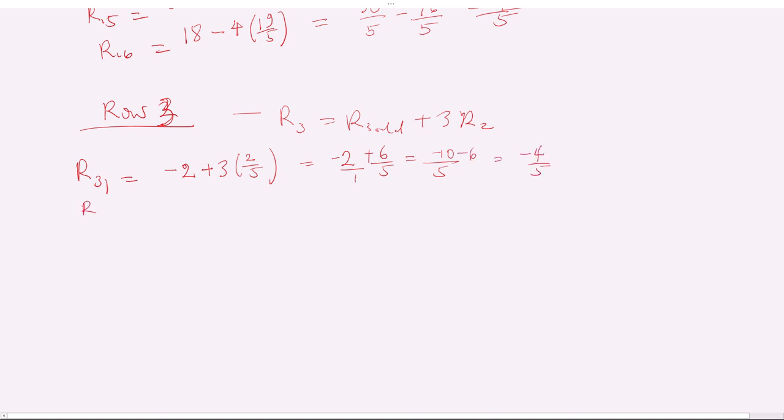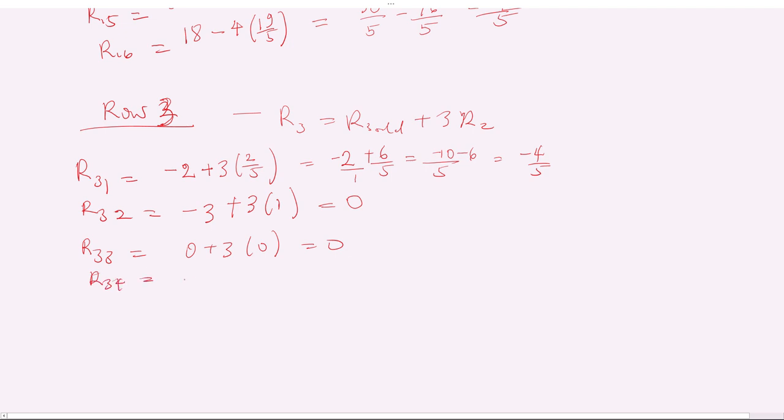So R32 here is going to be minus 3 plus 3 into bracket 1, which is 0. R33 is going to be 0 plus 3 into bracket 0, equals 0.